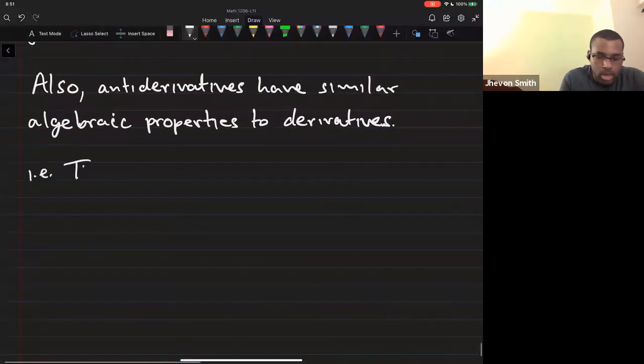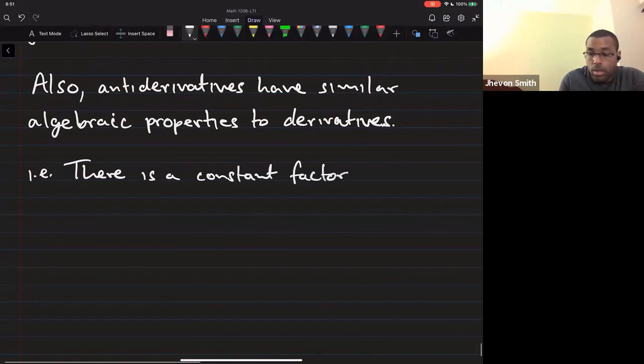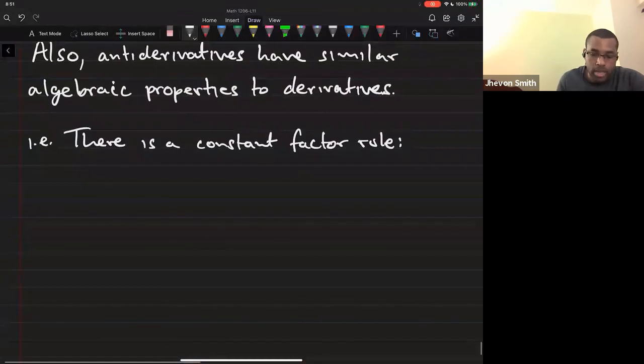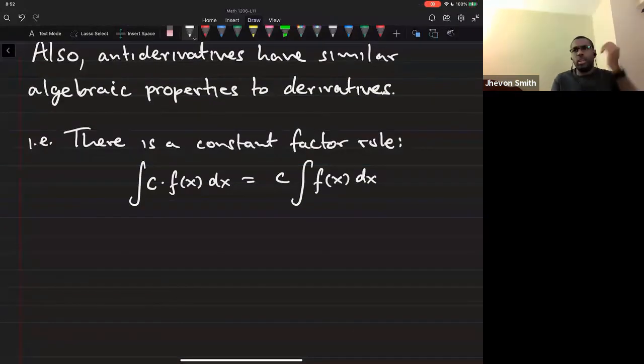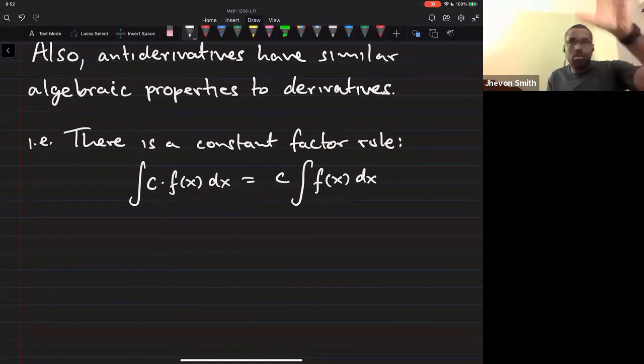I.e., there is a constant factor rule, which means you can factor constants in and out of antiderivatives. So if you have the antiderivative of some constant times a function, you can move the constant out and just find the antiderivative of the function. So just like with derivatives, you can just kind of ignore any constant factors, just leave them alone, do your magic on the variable part, and then just multiply the thing.